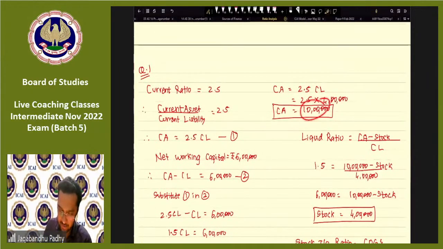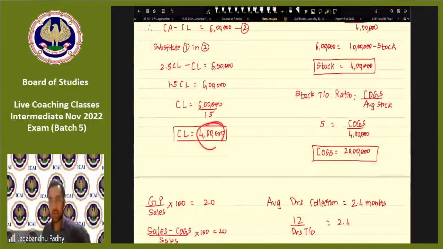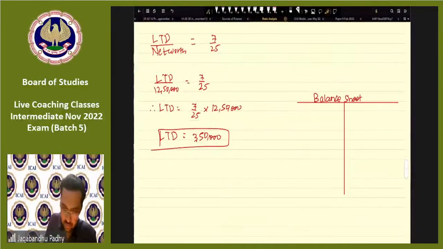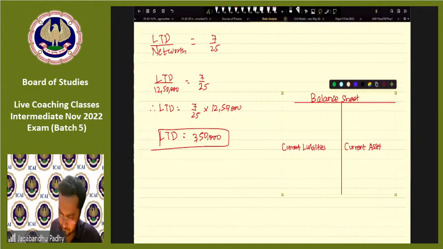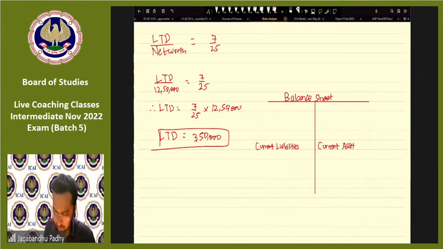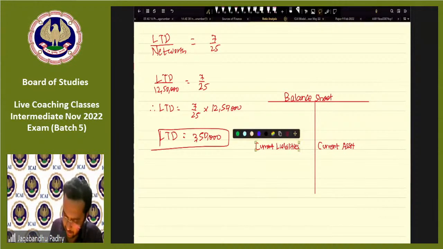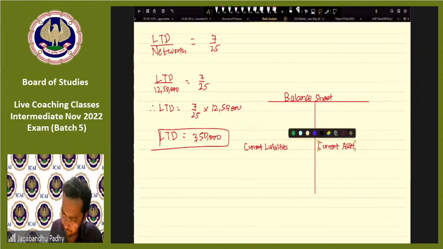We have got the current asset value and the current liability value. In the balance sheet, we have current assets and current liabilities. Total values of current assets and current liabilities are given to us.